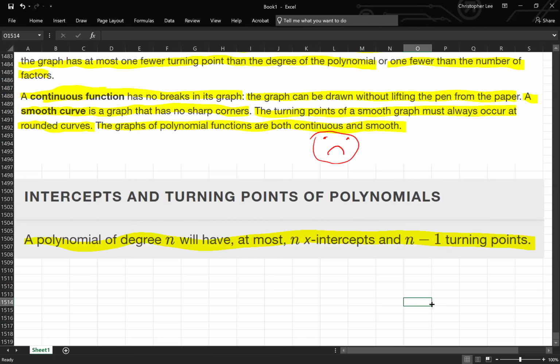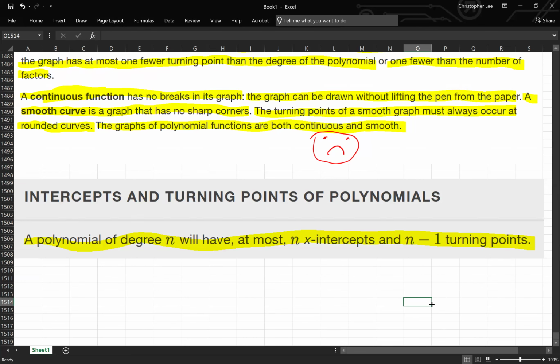So, intercepts and turning points of polynomials. A polynomial of degree n will have at most n x-intercepts and n minus 1 turning points. So if the leading term is to the 9th power, it could have at most 9 intercepts.